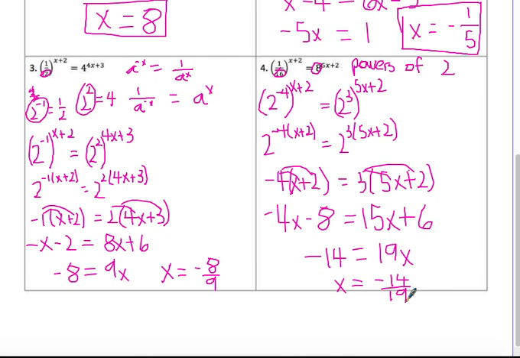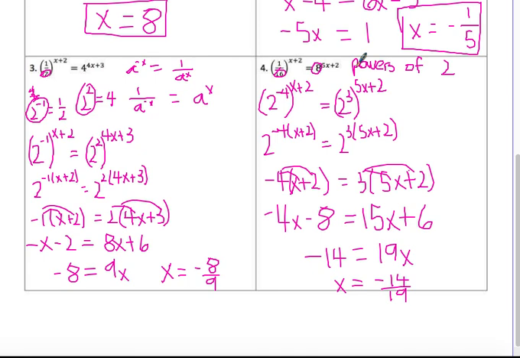So one last thing, when you're finding common bases here, there's more than one way to do it. A lot of times you could do common bases of 2 or 4. Or if you feel like using fractional exponents, I could leave the 16 the same and say that 8 could be 4 to the 3/2 power. And then 1 over 16 could be 4 to the negative 2.